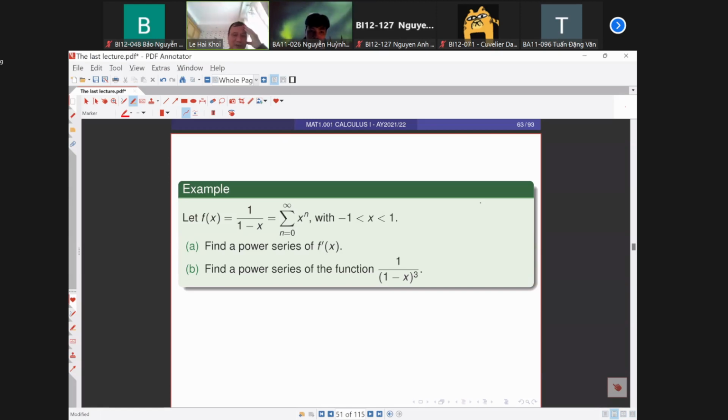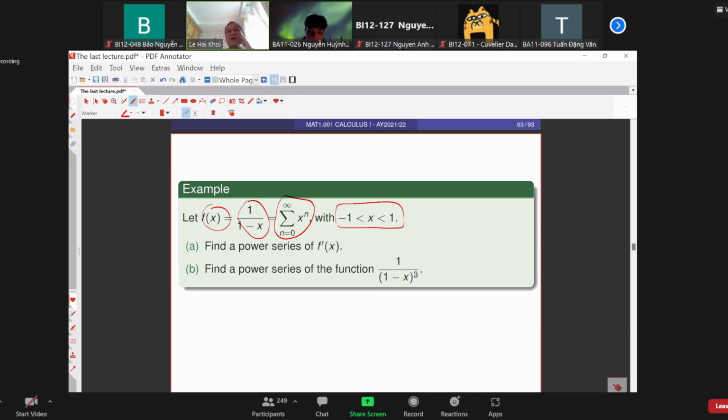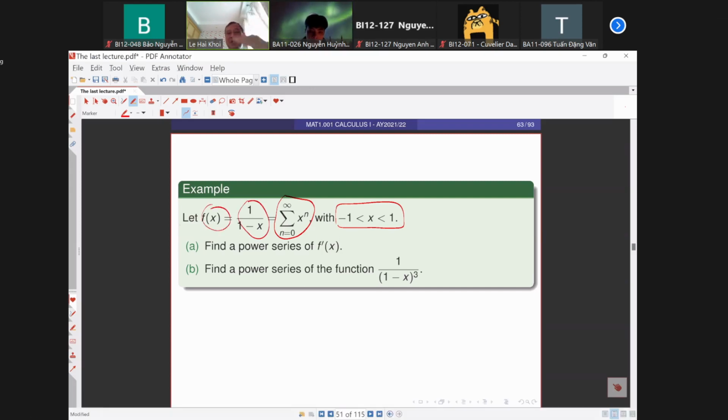Okay. So for example, look at this, because differentiation is easier to do. Integration is more difficult. Here, you know that the geometric series with radius 1 converges to a function f(x) equal to 1 over 1 minus x, which means here we already know the sum of the geometric series. So you are asked to find the power series of f prime.